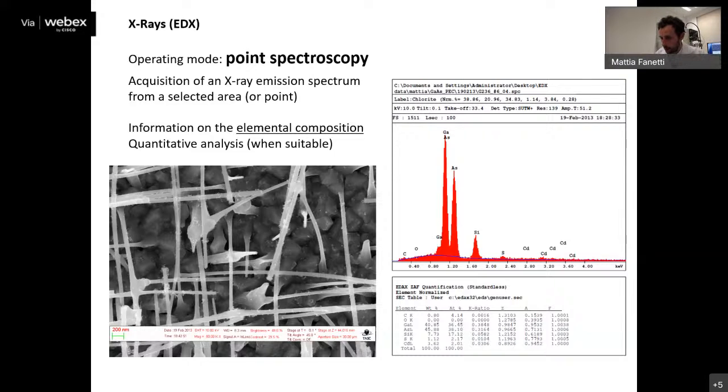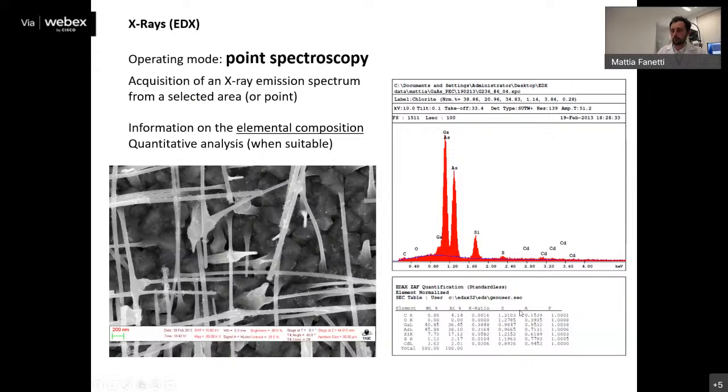Then you have to understand which elements are there, and according to this, you try to understand which Z, A, and F factors are important to put in your correction matrix, to understand what is the concentration of the elements. After the first routine, you will use the result of the concentration again for new Z, A, and F factors. So it's a loop, it's a routine.